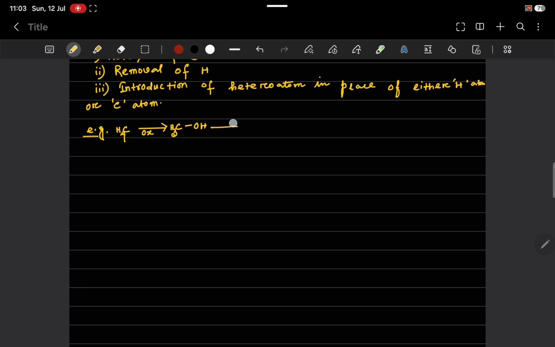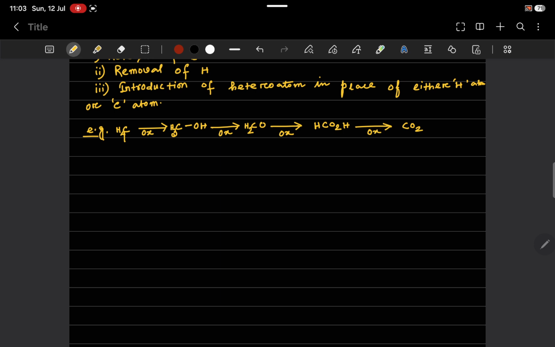Then from here, if we go to CH2O, this is also an oxidation process. Then if we go to HCO2H, this is an oxidation process. And from here, if we go to CO2, here also it is an oxidation process.